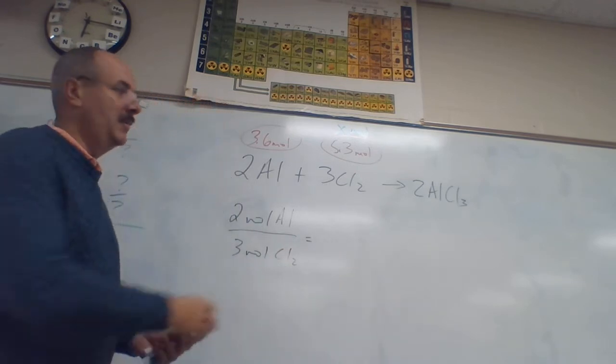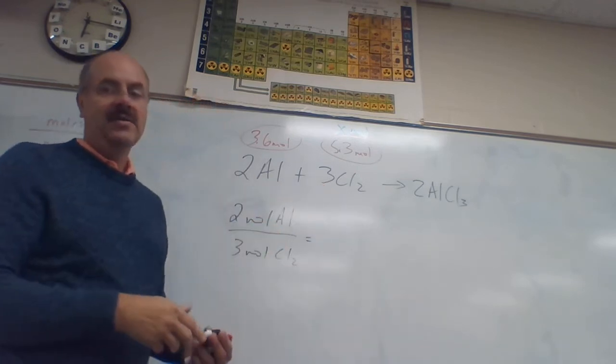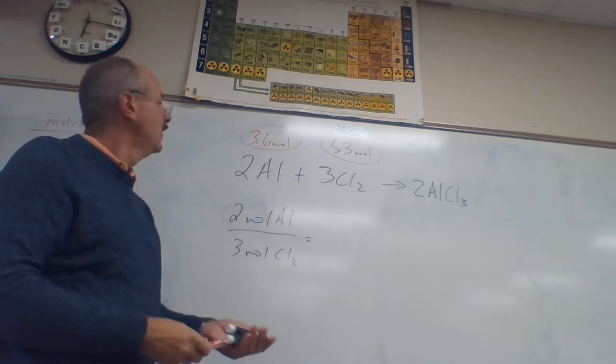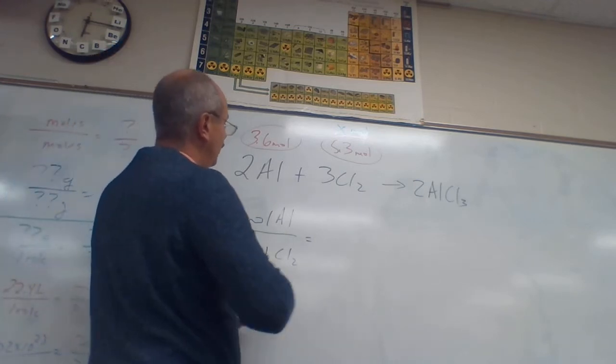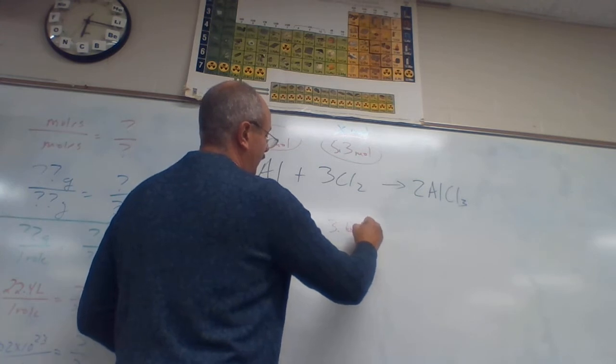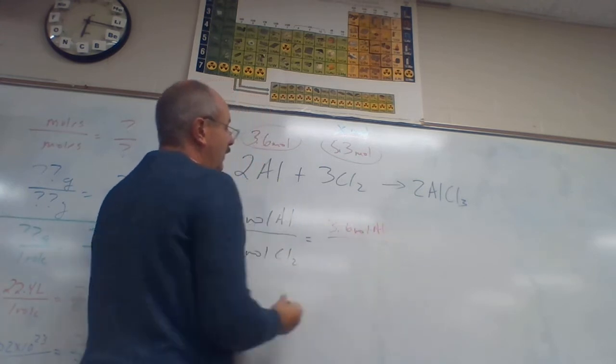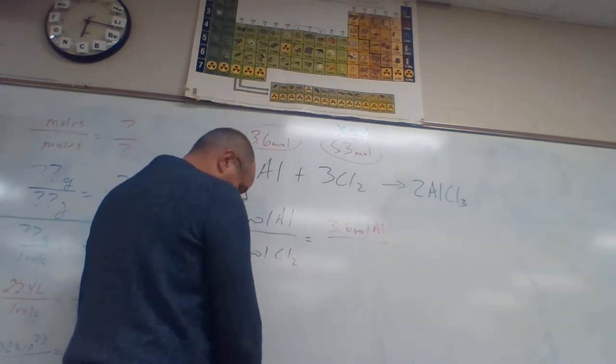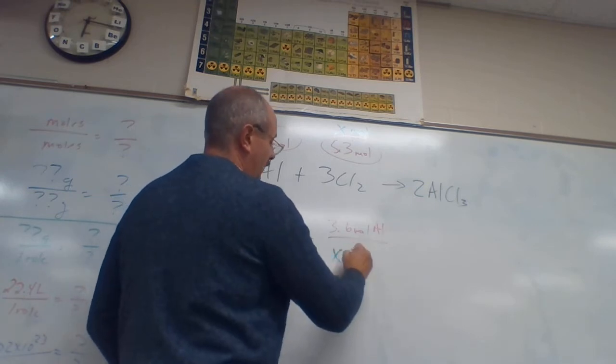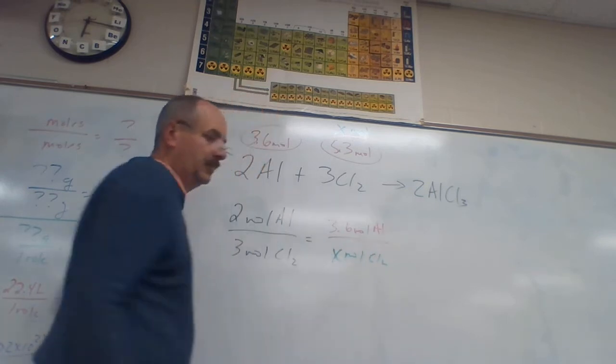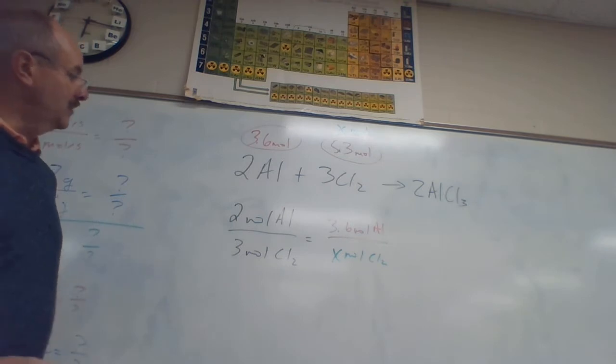That came from the balanced equation, so you can see that's where it came from. And then we don't have 2 moles of Al, we have 3.6 moles of Al, and we want to find out that new X moles of Cl2.